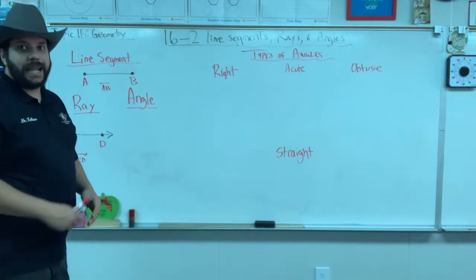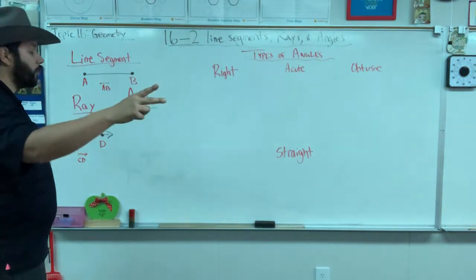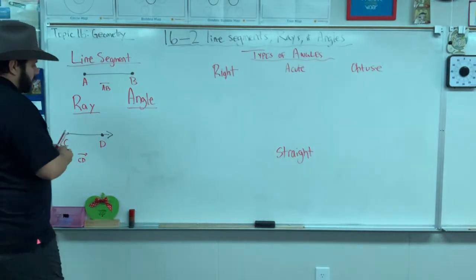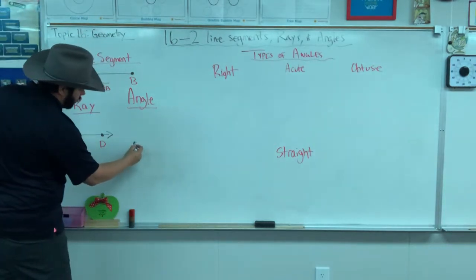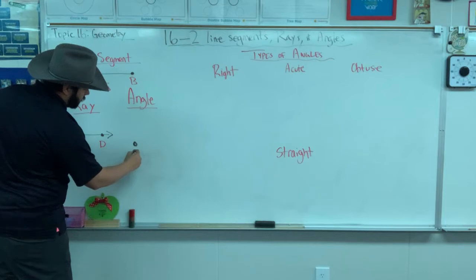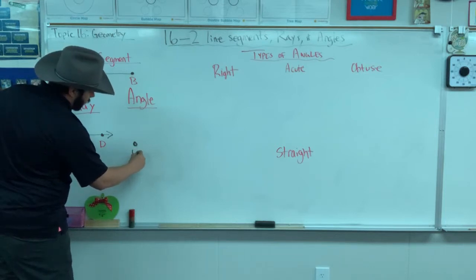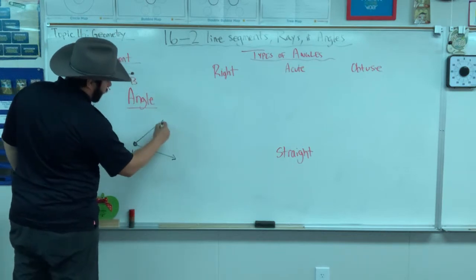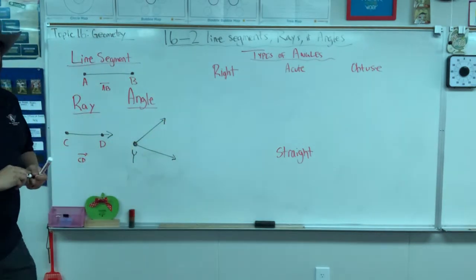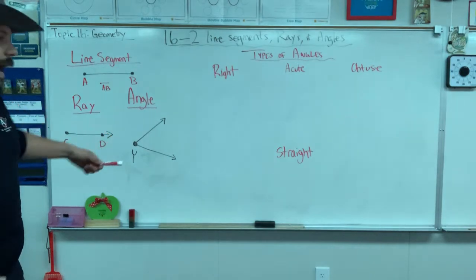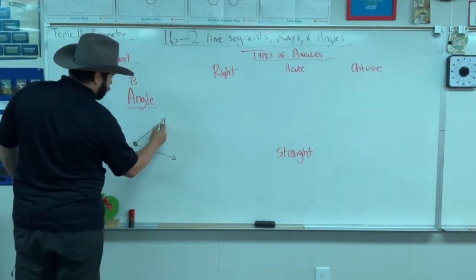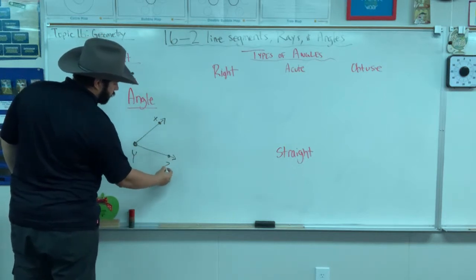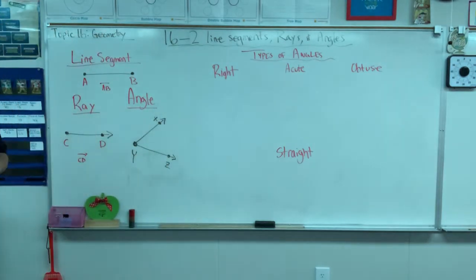So, using our line segments and using our rays, now we're going to define what an angle is. And an angle is two rays joined at a single point. So, here's a point. We'll call this point Y, okay? And I have two rays that share the same point, and that is an angle. And then we'll call that point X. I'm going to add points to it, and Z, because I want to be able to name this.